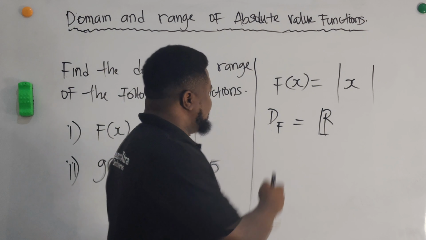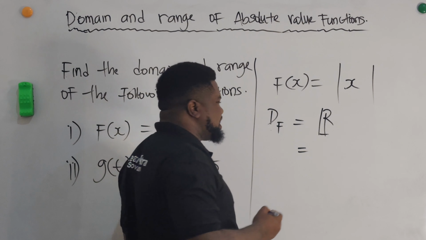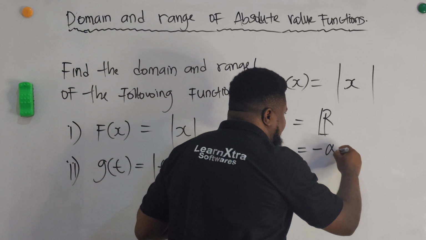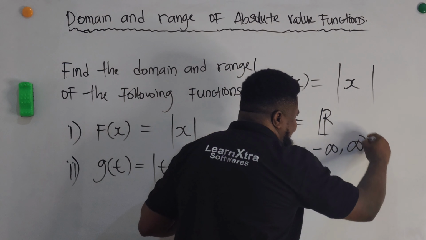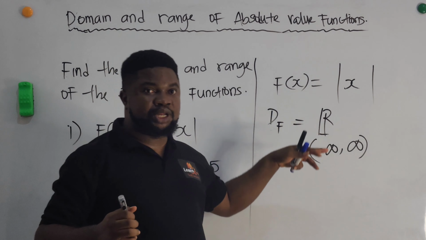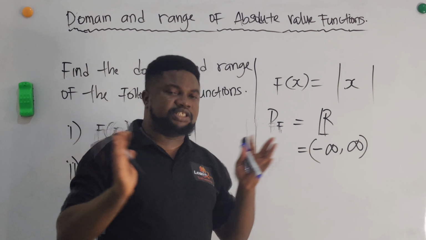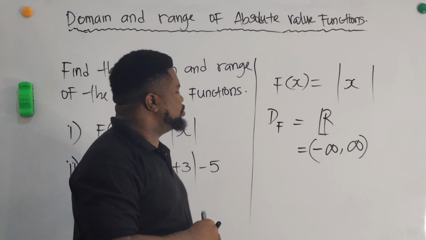This can be written in interval notation as numbers that start from minus infinity down to positive infinity. With this, we have written all real numbers, meaning all the numbers in this world, in this life, all real numbers.